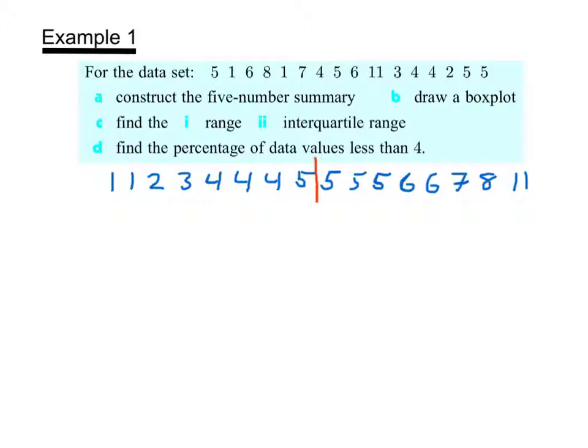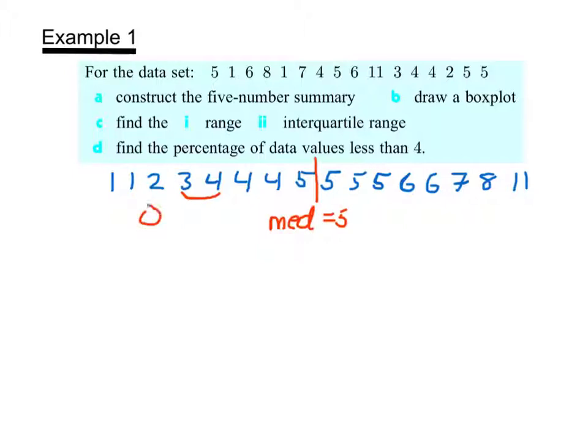So the data set is split right here. So the median is going to be 5. The lower quartile is then the average between the middle 2 numbers here, because remember I have an even number of data points. I have 8. So I need to take the average of the middle 2 numbers in the lower half of the data.